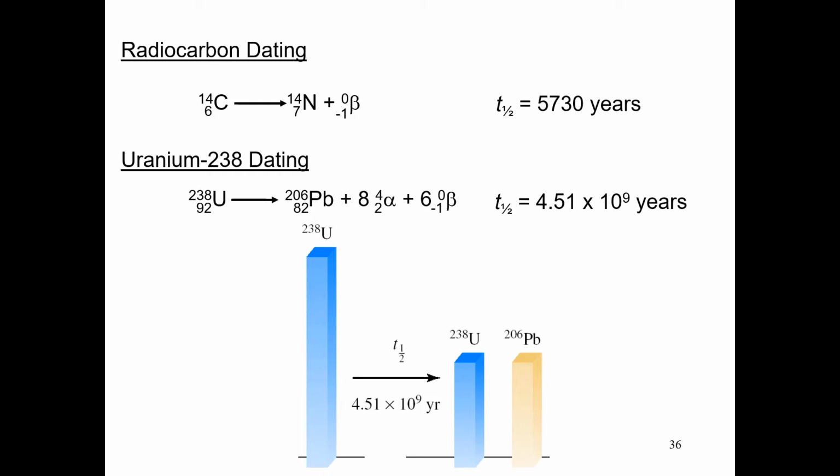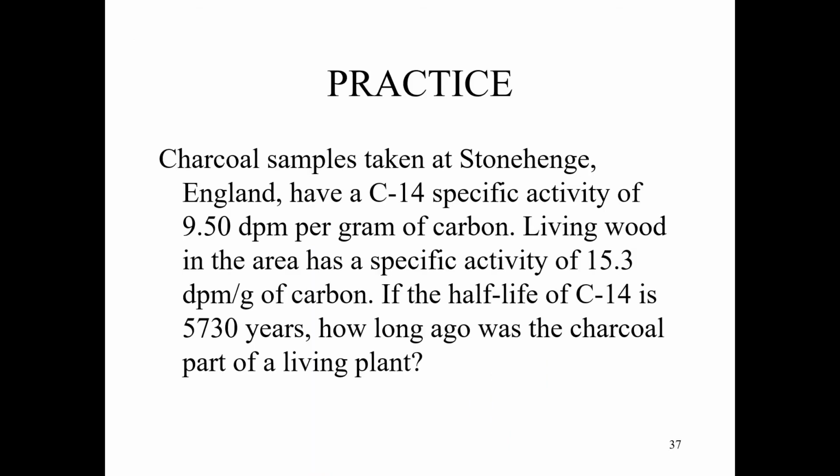In other words, this spans the period of our Earth's history, how old the Earth is. And so we could use this to calculate the age of samples of, let's say, rocks or different kinds of minerals.